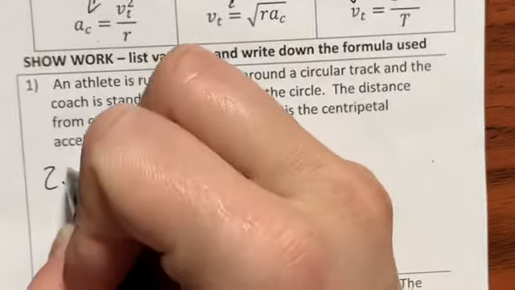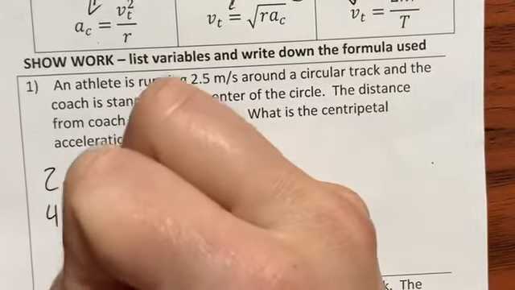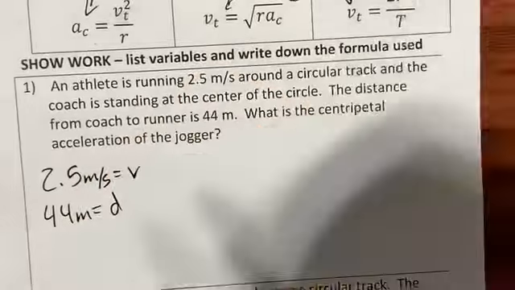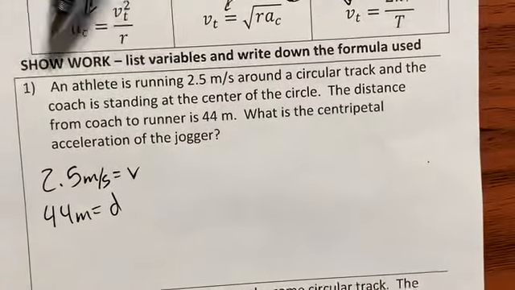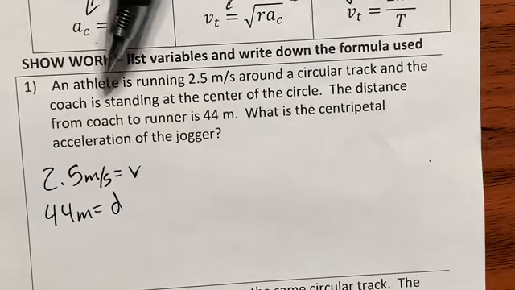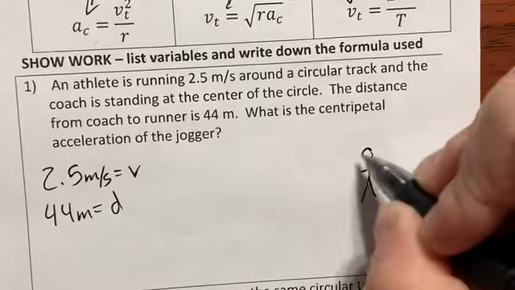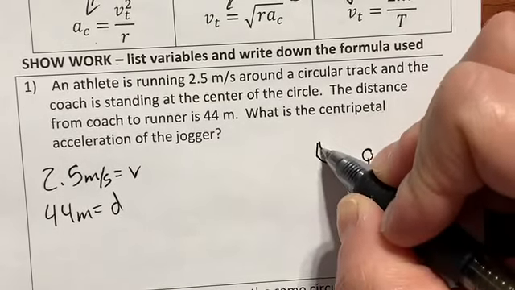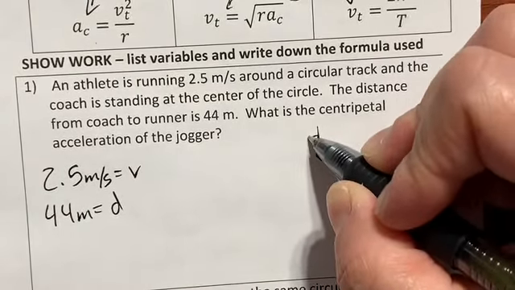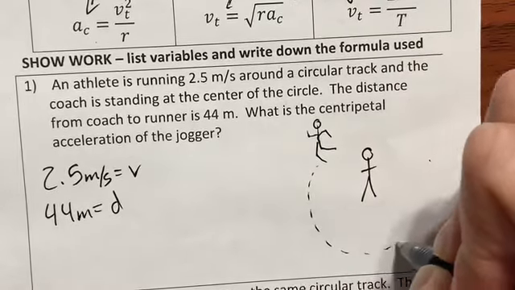Okay. 2.5 meters per second, that's a velocity. 44 meters, that's a distance. Read the question. Athlete is running 2.5 meters per second around a circular track. Coach is standing in the middle, athlete's out here running on the circular track.